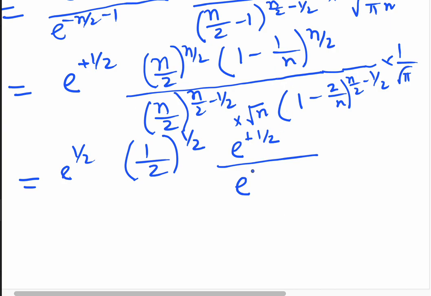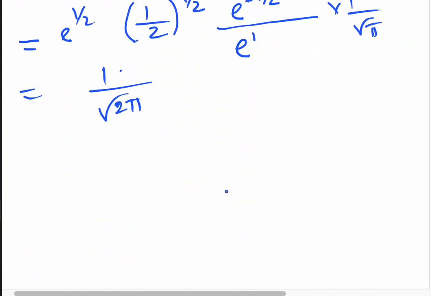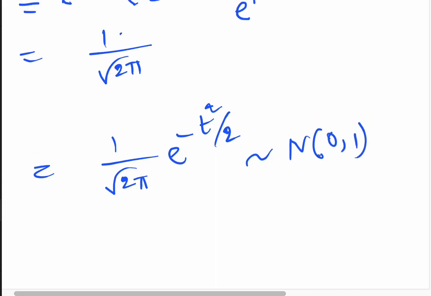This will become e to the power 1, and this is 1 by root pi, so that will be 1 over root 2 pi. So if I now combine these two terms, it will become 1 over root 2 pi e to the power minus t square by 2. So this is nothing but a normal distribution with mean 0 and standard deviation 1.